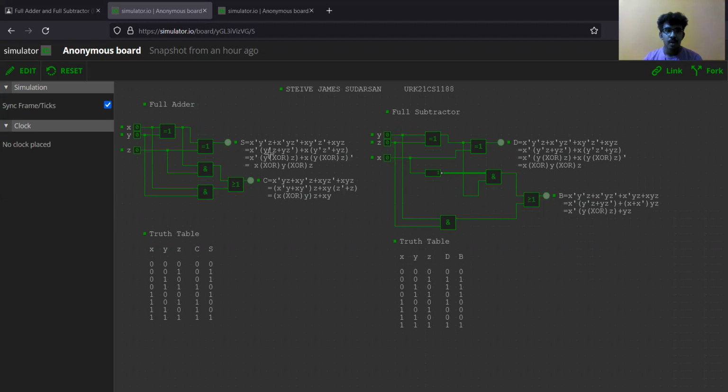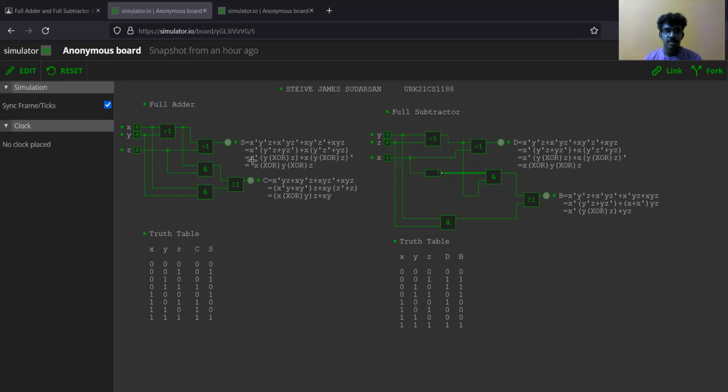Now look here, y z complement plus y complement z is nothing but y XOR z. Now we are converting that formula into y XOR z, and here we take y complement z complement plus y z, which is nothing but y XNOR z, also known as y XOR z the whole complement.